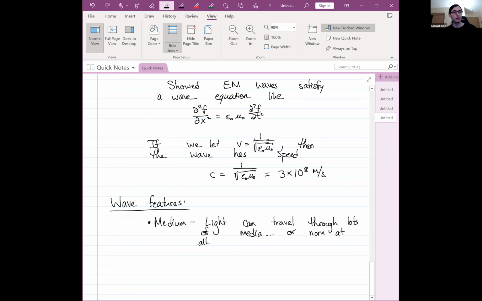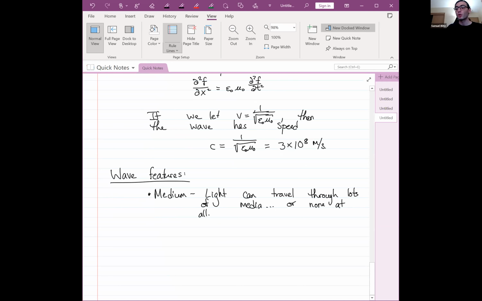And we know this because there's nothing between the sun and the earth, and yet light gets from the sun to the earth, so it has to travel. This is actually a result of an experiment that took place in the late 1800s called the Michelson-Morley experiment. They determined that there is no medium through which light travels, which basically paved the way for special relativity, Einstein's theory of special relativity. So that's one way that light waves are strange.